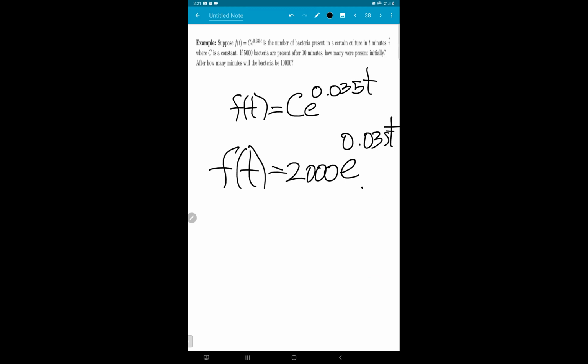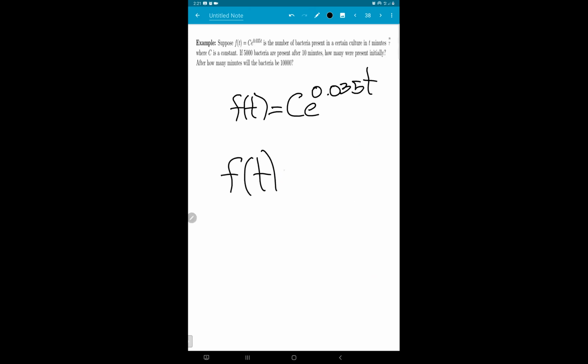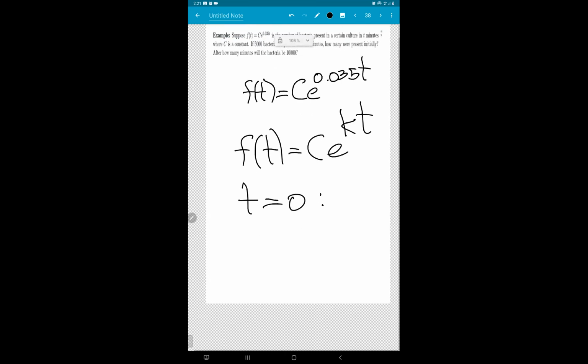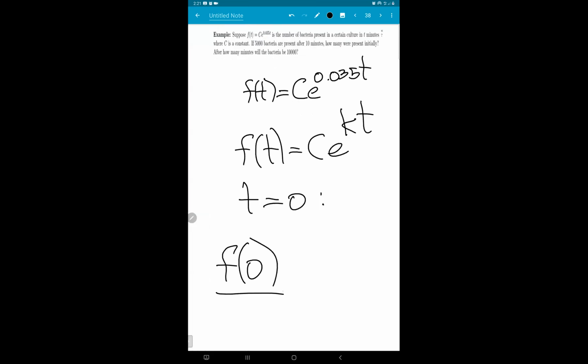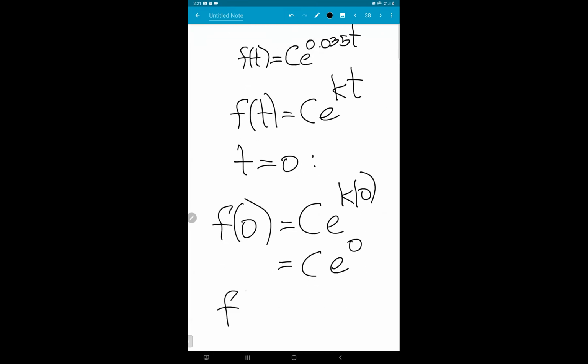And there's an explanation to that. If you generalize this one, if you let t be equal to 0 in an exponential function, what happens? f of 0, which is the initial condition, would be C e to the k times 0, which is C e to the 0, and e to the 0 is 1.